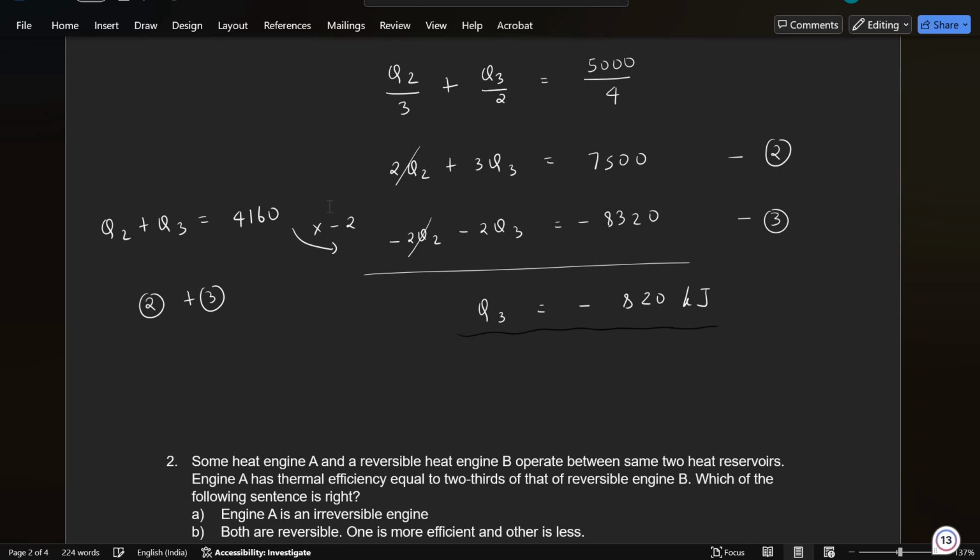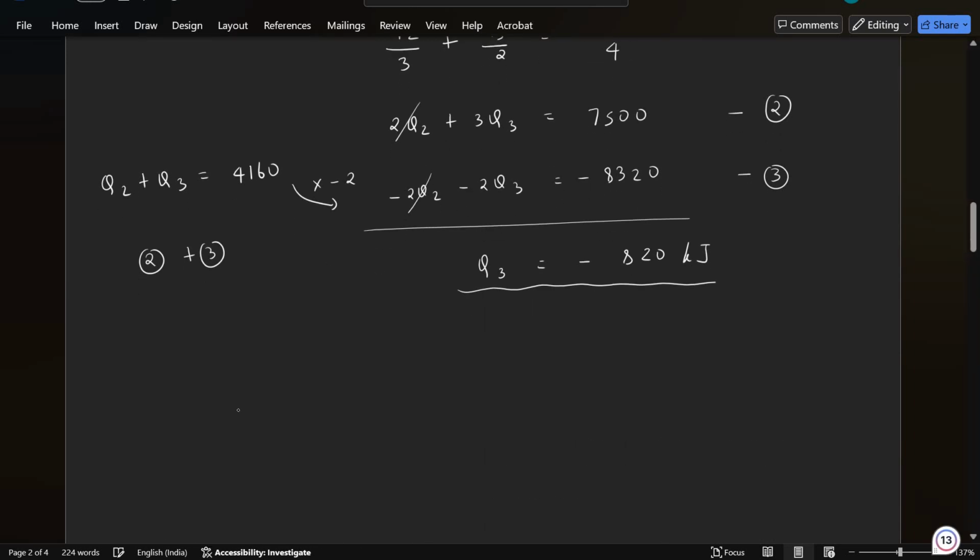So this is our Q3. Now we have Q3, so we can easily get Q2 by substituting in equation 1. So Q2 minus 820 is equal to 4160. So Q2 is equal to 4160 plus 820, which is 4980. Okay, so these are our two values.